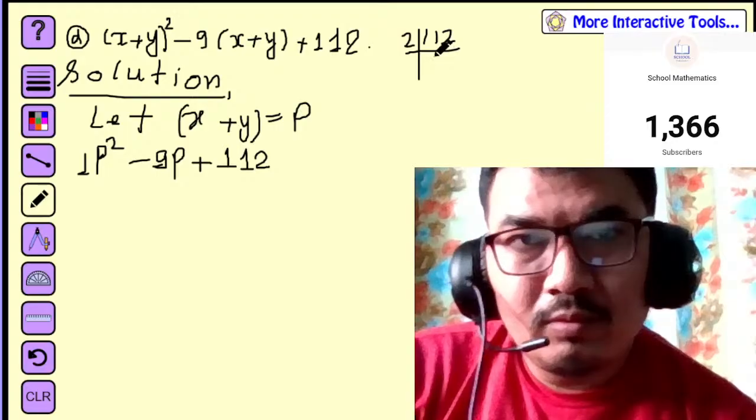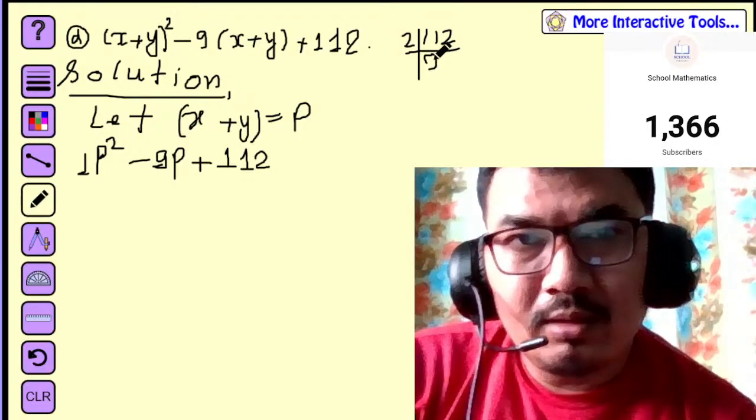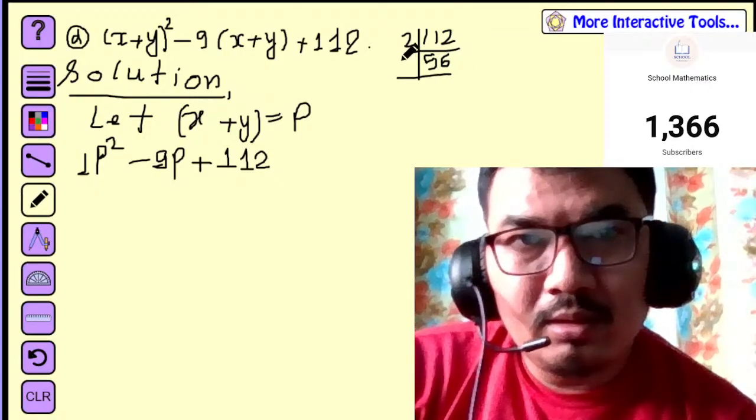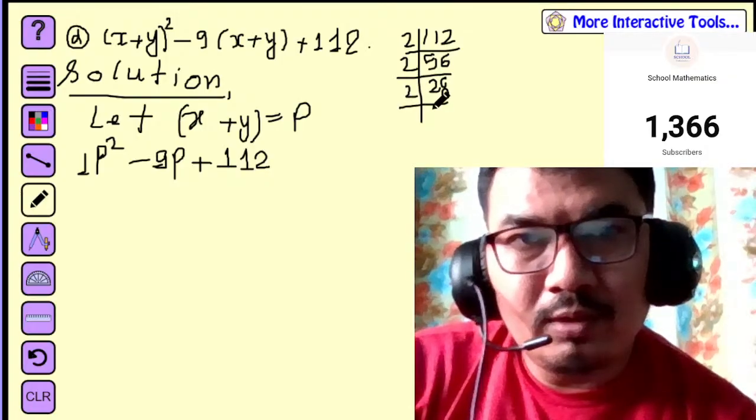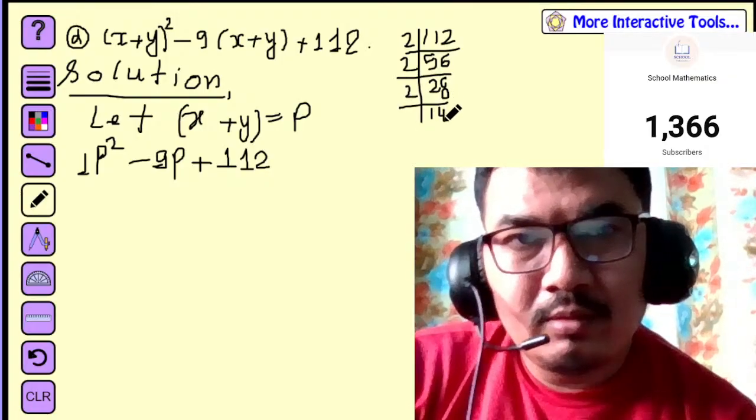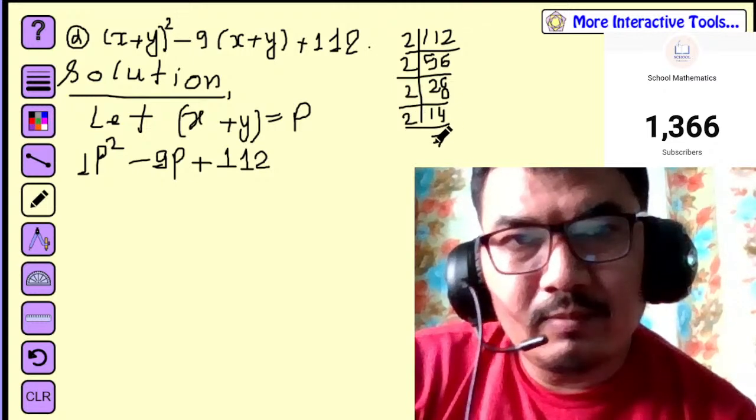2 5s are 10. 2 6s are 12. Then 2 2s are 4, 1 remainder, and 2 8s are 16. Then next also let's do 2 14s are, then we have to write here 2 7s are.